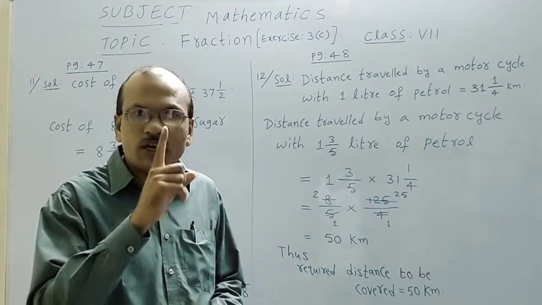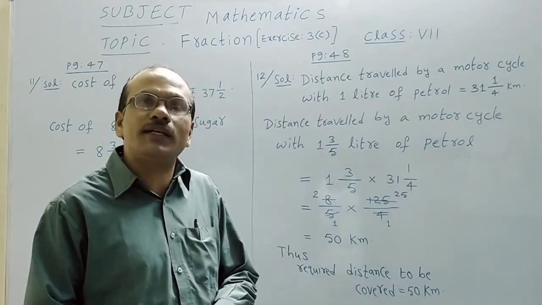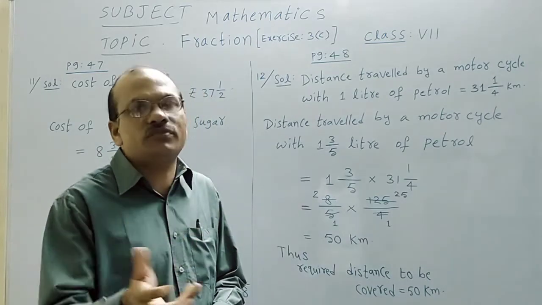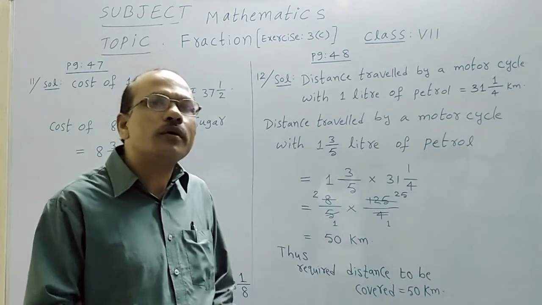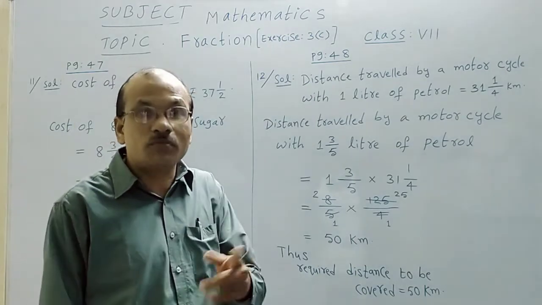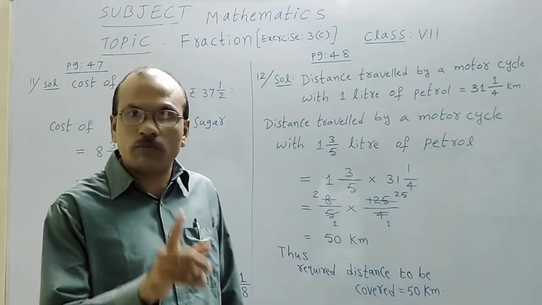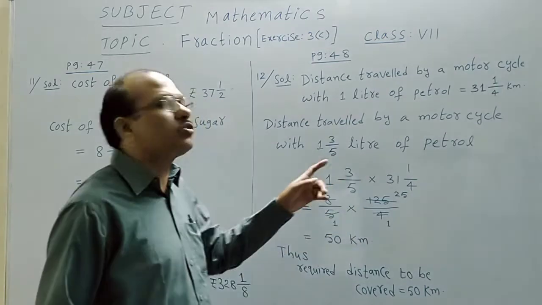Then for 2 liters, how much distance will it cover? 2 into 50 gives you 100, that means 100 kilometers. In our example sum we have done it with multiplication. Same way here also we have to multiply.